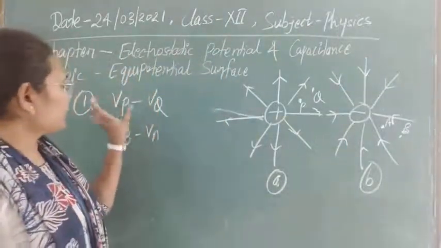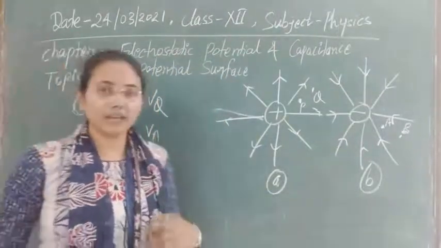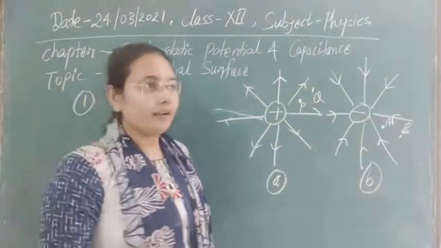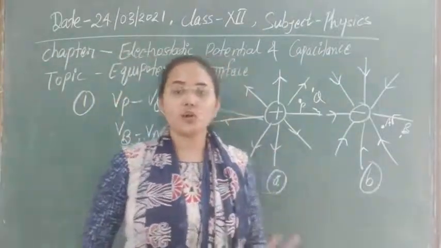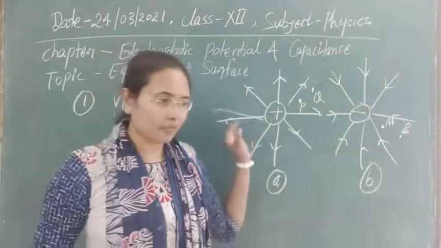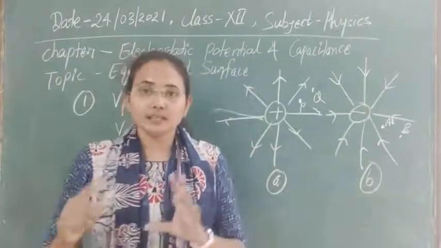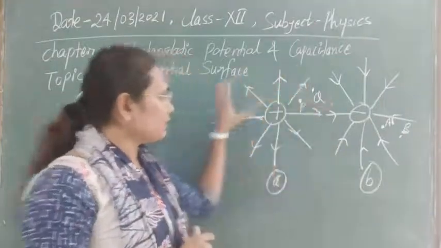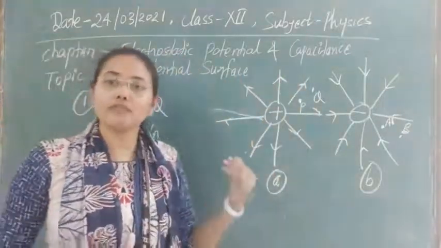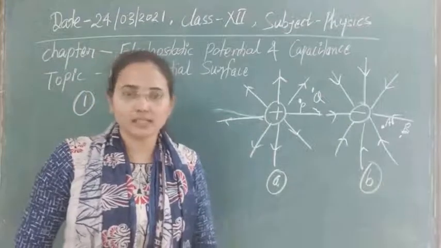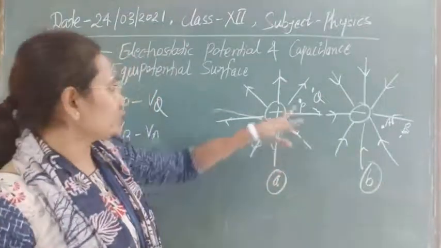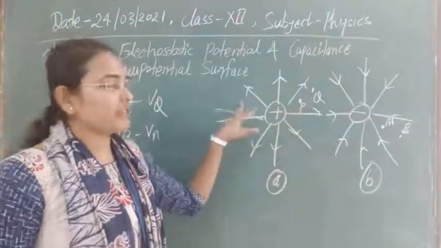In this section, first of all you have to know where the potential will be greater, and later, with the equipotential surface, I will also tell you the direction of the potential. As we have discussed already, consider the work done and the potential. This is the field of a positive charge.